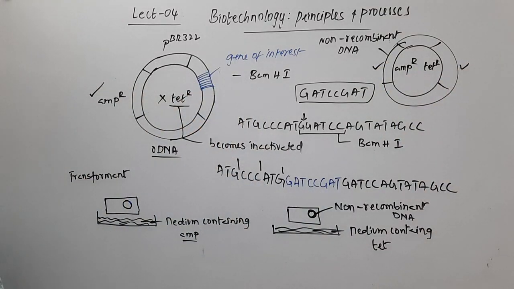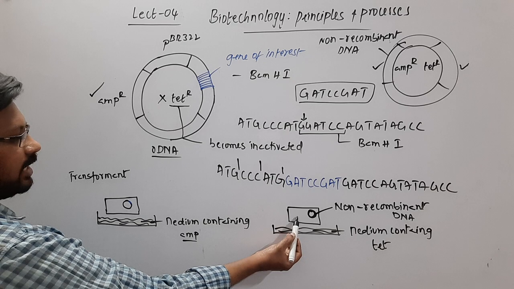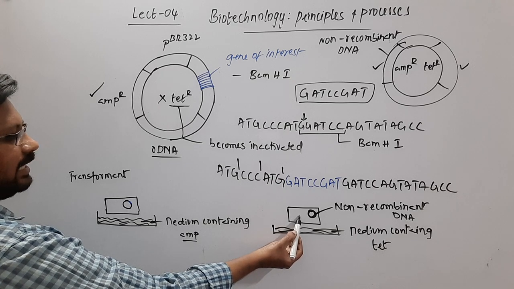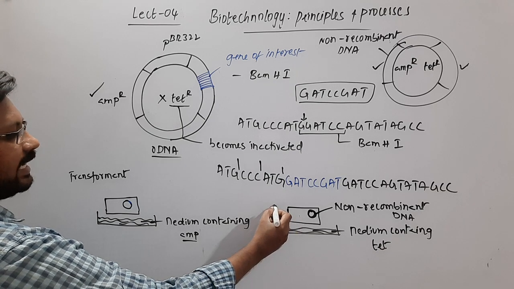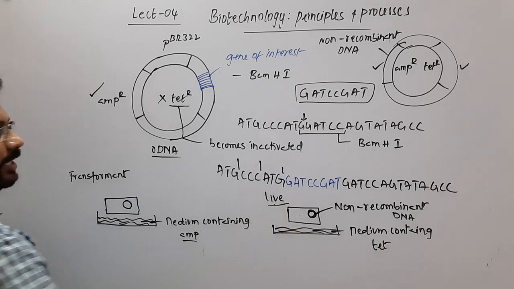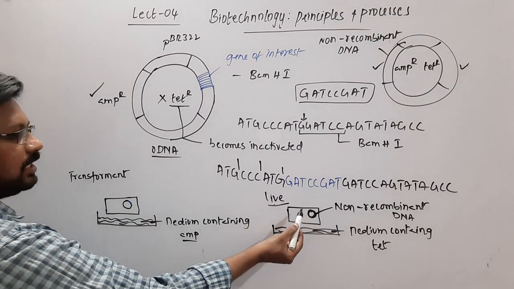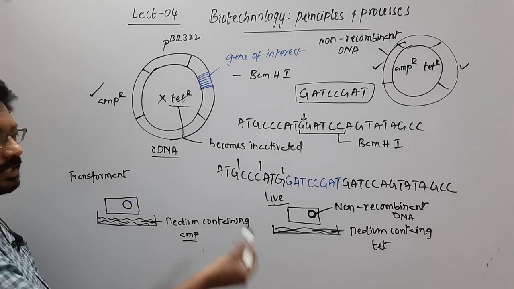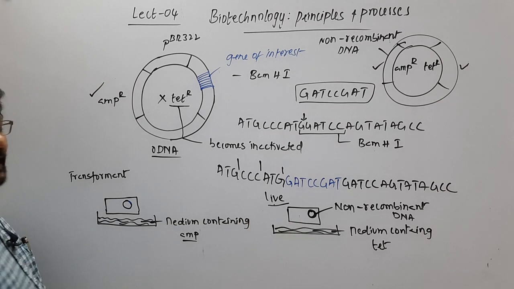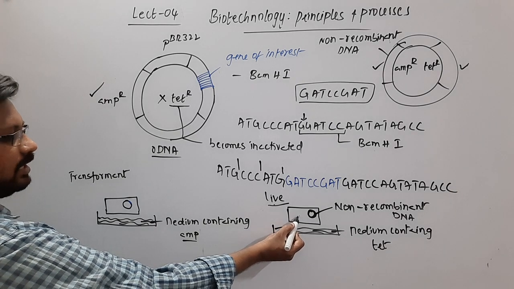So if I put the E. coli bacterium having non-recombinant DNA in a medium containing tetracycline, it will live, it won't die, because the tetracycline resistance gene is functional, so it produces the proteins that can counteract the action of tetracycline, and this bacterium will live.